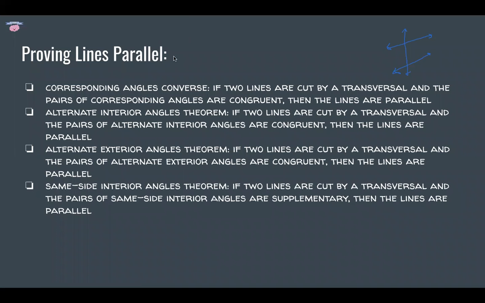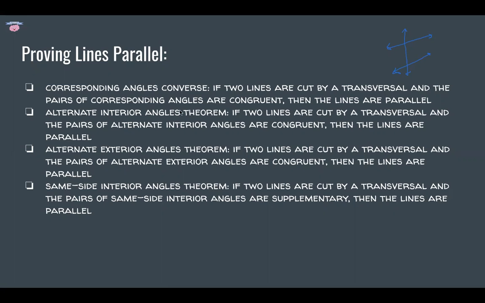Likewise, if we know that this angle and that angle are supplementary, then we know that the lines are parallel. I'm moving through this relatively quickly because these are just the converses of theorems that we already learned. So if you want to copy this down, just pause and take some notes.